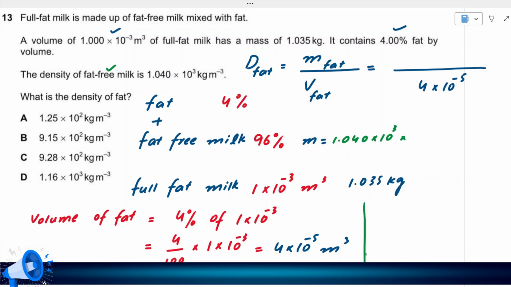So we can find 96% of the total volume, or you could have subtracted also, but let's find 96% of the total volume. Total volume is once again the volume of the final product, by which we can get 9.6 into 10 to the power minus 4.